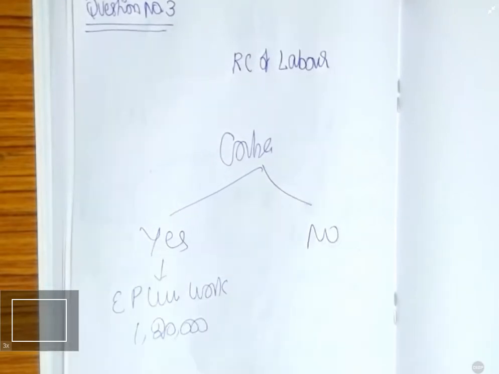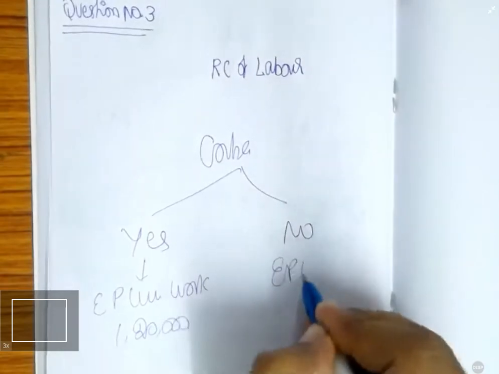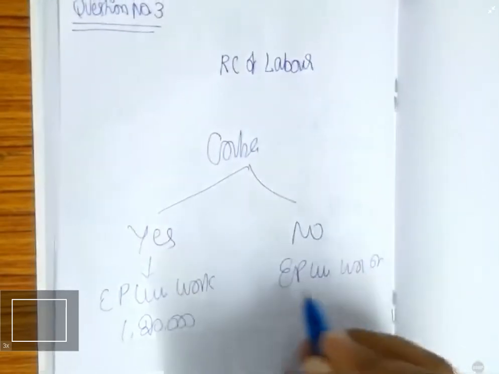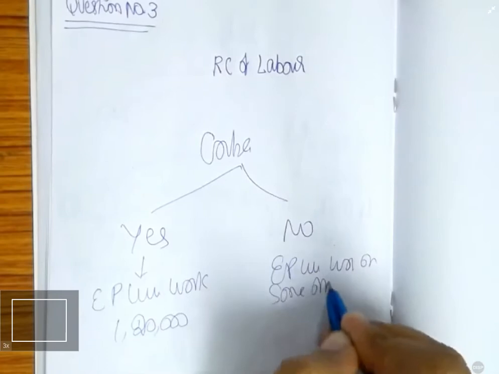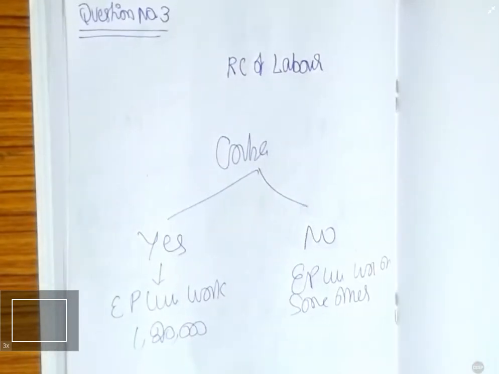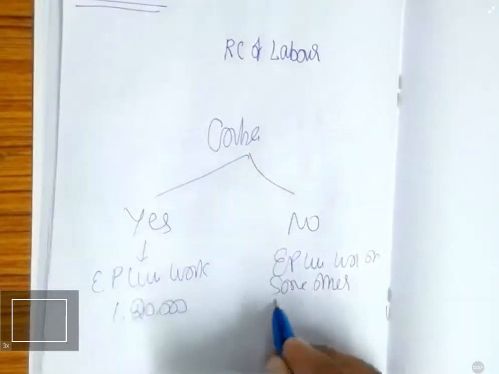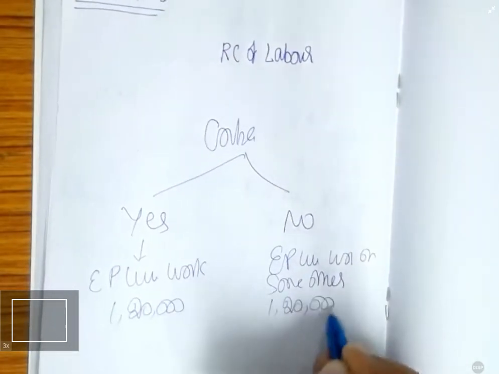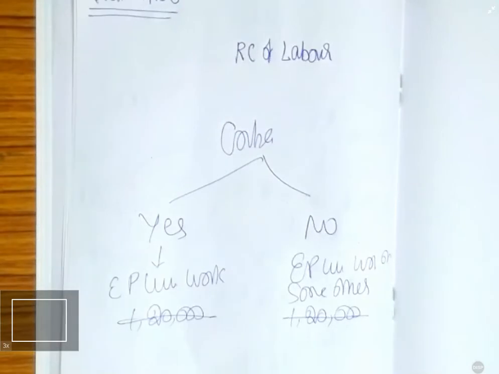You pay them 120. If you don't take this contract, existing people will work on some other stuff. They are going to work because they are there in the company. They are going to work on something else, and you will continue to pay them 1 lakh 20.